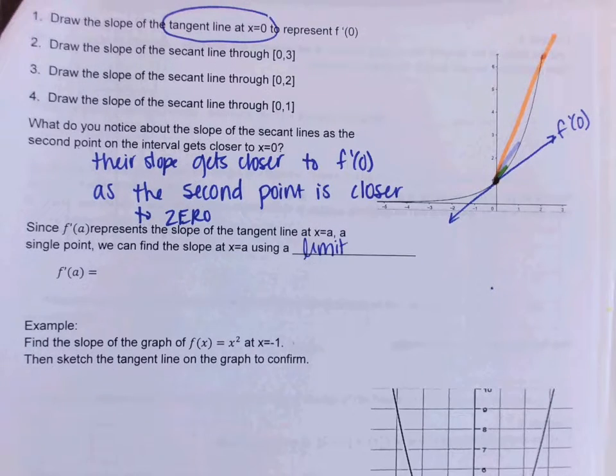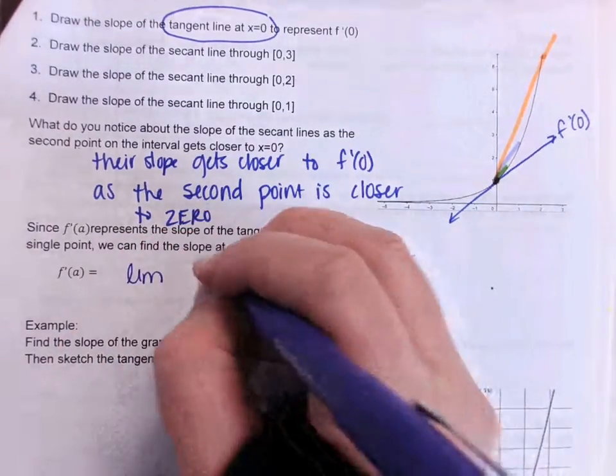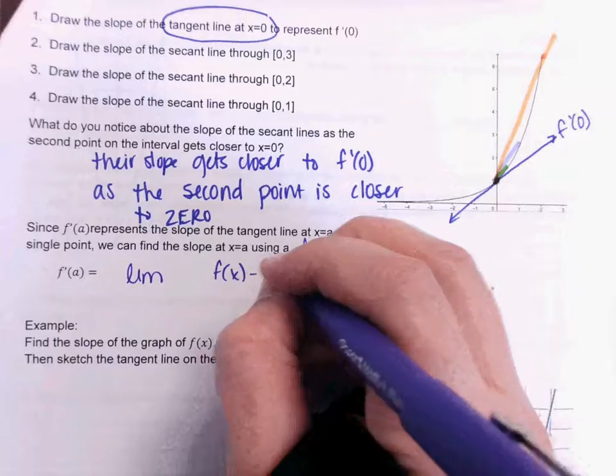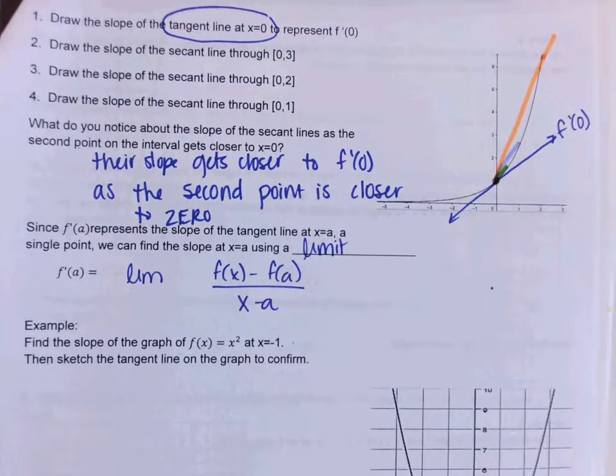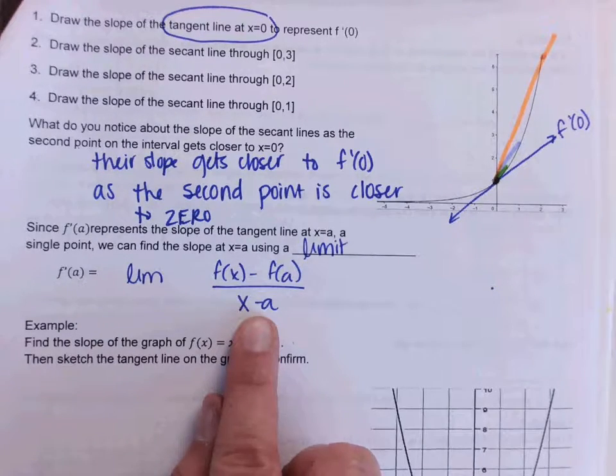And I'm going to tell you the definition right now. So, as this second point gets closer and closer, this slope is going to eventually match this guy exactly. But my points have to be really, really, really close together. So, write the limit of f of x minus f of a over x minus a. Now, what is that already the formula for? That's the slope formula. What are my 2 points?